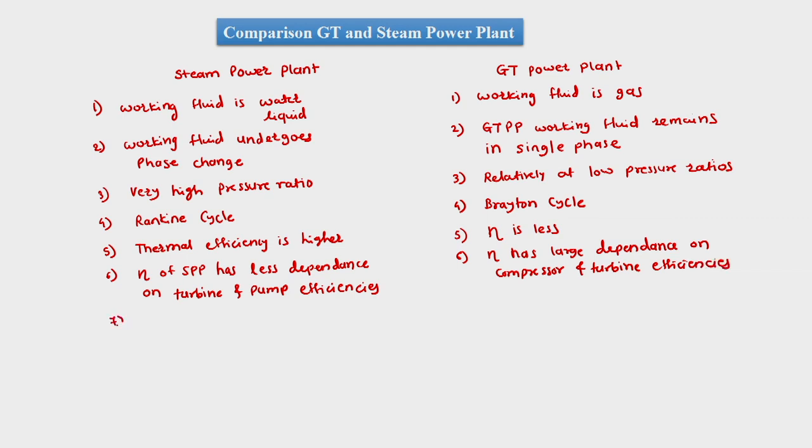As said earlier, this is work ratio. Work ratio is high, and work ratio is low for gas turbine power plant.